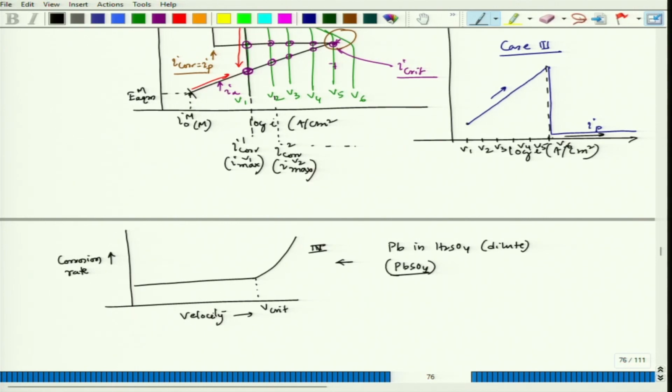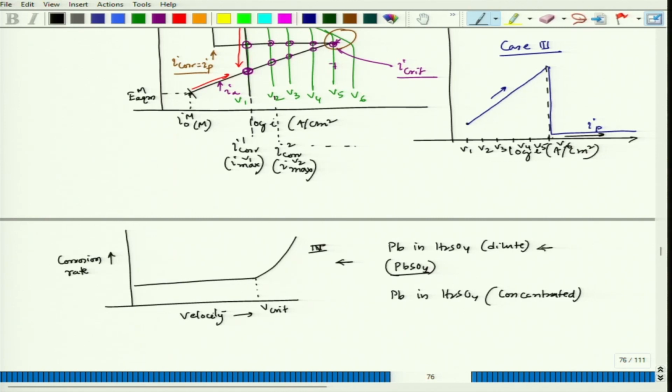So, in case of lead in H2SO4, of course, it has to be dilute. If H2SO4 is concentrated, the situation would be different, because if lead in concentrated H2SO4, then again the pattern would be similar like this. We have explained the change in concentration of corrosive.